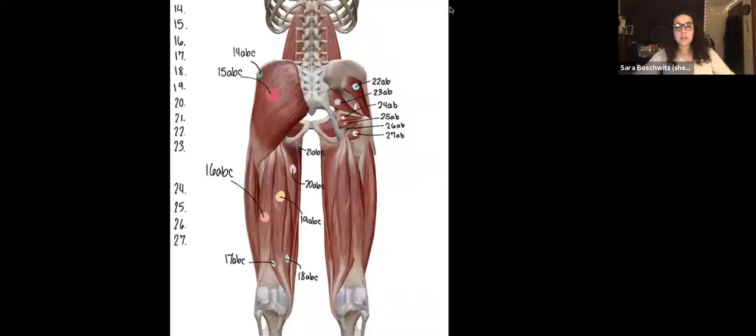All right, so here we have the posterior view of the hip and upper leg, thigh. So a bunch more muscles here, same thing. A is ID, name the muscle, B is actions, and C is innervations.